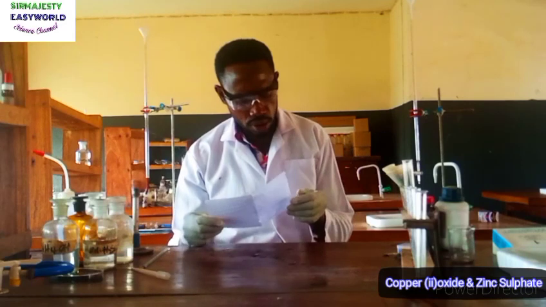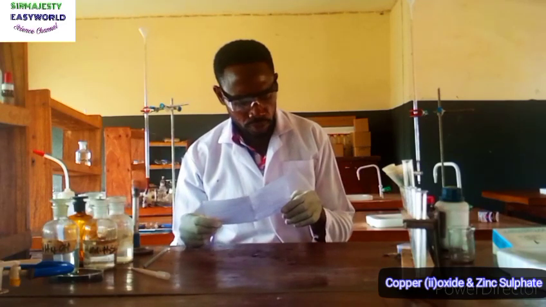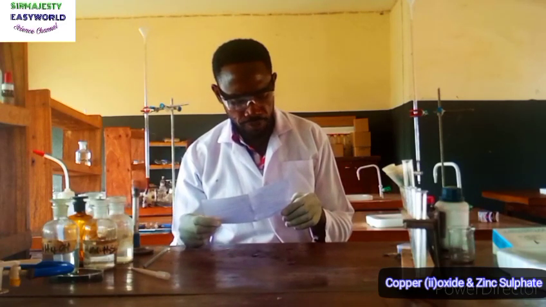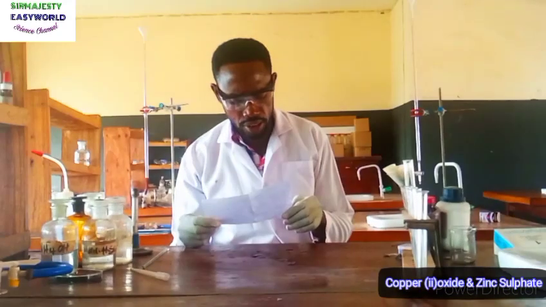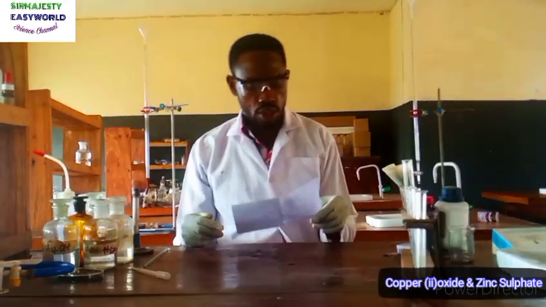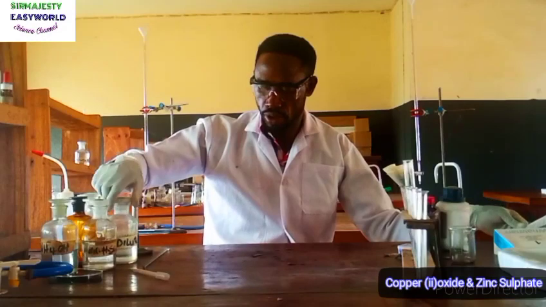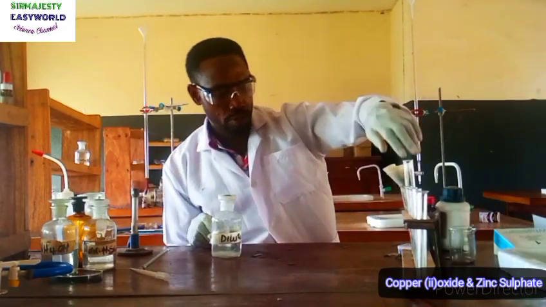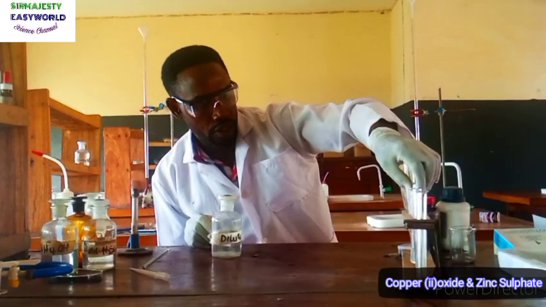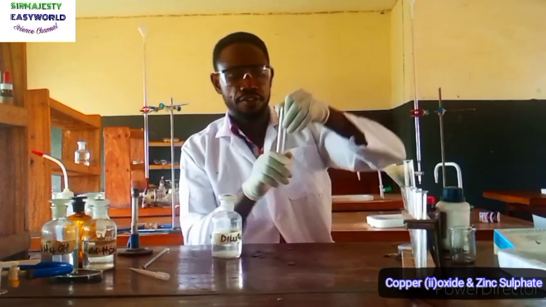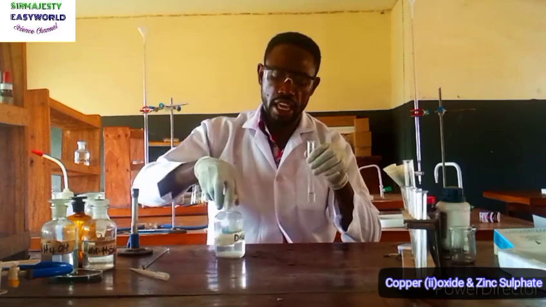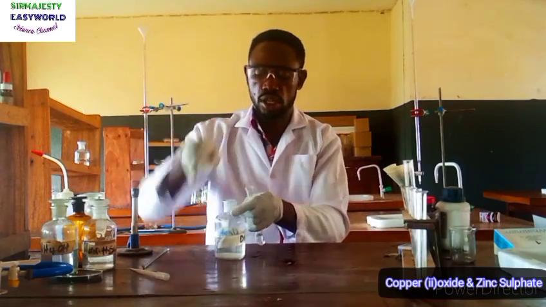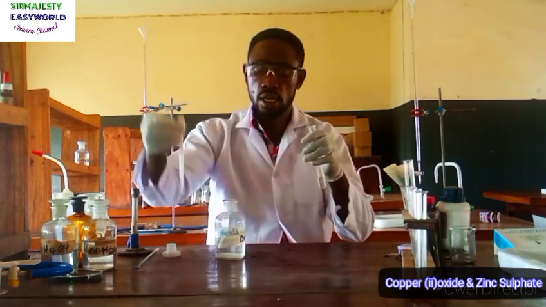Our guideline question says, to the first portion of the filtrate, add sodium hydroxide in drops till excess. So I'm going to add sodium hydroxide, which is here, in drops till excess. In my report, under the column for test, I'll write first portion of filtrate plus NaOH aqueous in drops plus excess.